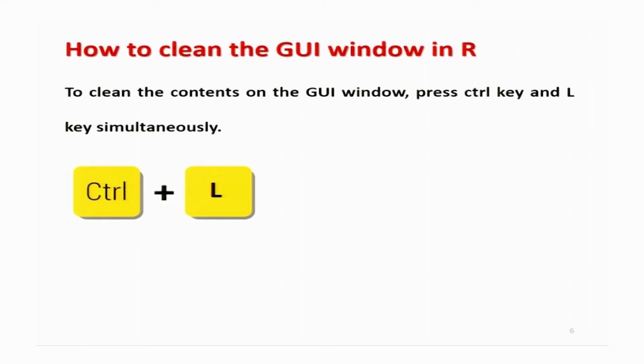The question is how to clean the GUI window in R. In order to clear the contents of the GUI window, the graphical user interface window, we simply have to press two keys together. One is the Control key and the key with the letter L on the keyboard. So, if you put Control plus L, your screen will be clear.